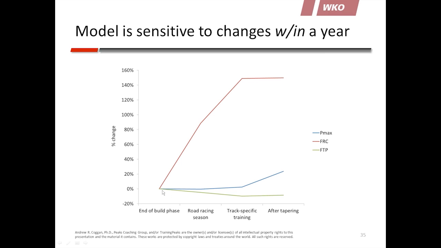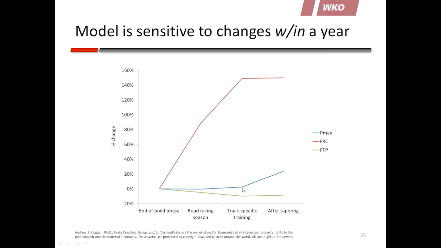And her Pmax, on the other hand, is here. Doing a bunch of mass start road races doesn't do much for it. You start doing a bunch of track-specific training, including standing starts, etc. It doesn't seem to be improving, but then you have to think of this in the context of our performance manager approach and the realization that there's nothing that's more responsive to freshness than your very short-term power.